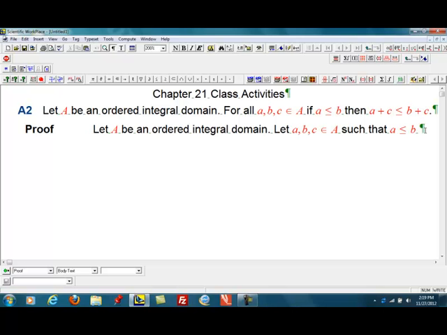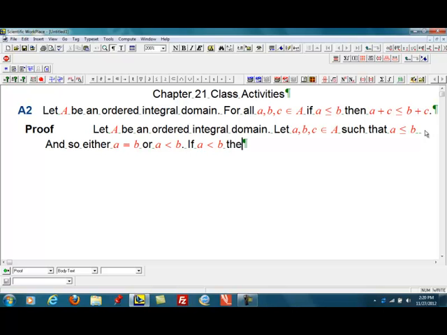Since it's an ordered integral domain, we know that it's either A equals B or A is less than B. Now, if we go with the case, so assume that A is less than B, and we'll do the case when A is equal to B. Instead of saying assume, I'll say if A is less than B, then is there one of the cases, 2, 3, or 4, that helps us?